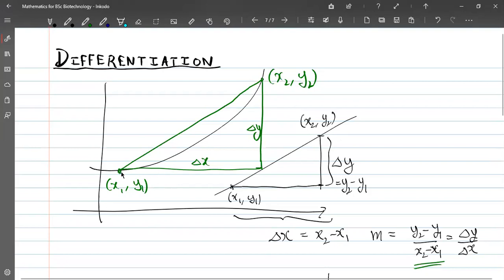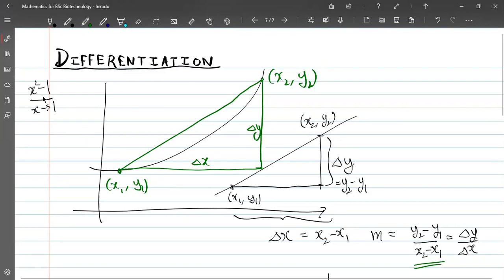So how can we find it at one point? That is where we use the idea of limits that we have been developing in the previous few sessions. We want to find it at one point, but it is not defined at a single point. So just like those functions, for example, the first function that we looked at, x square minus 1 upon x minus 1.